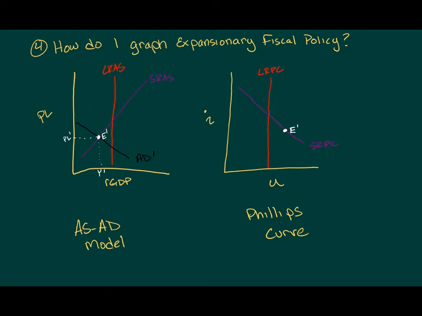So, depending on which graph they're asked to draw, this is what expansionary countercyclical fiscal policy looks like on both of those graphs. Make sure that you give them a whole bunch of different FRQs that ask them to do this over and over again, because it needs to be second nature to them, as this is one of the most heavily tested portions of the entire test.